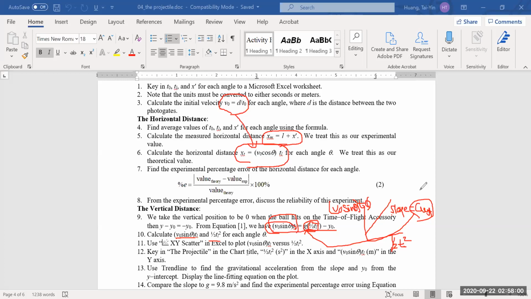And then your line fit equation will give you the y-intercept. That y-intercept is the value that you're going to compare to y naught. Okay. So when you do the comparison, you can just drop the negative sign and compare the y naught here and the y naught there. Now, the other thing I want to mention is that the y naught you're given is in centimeters.